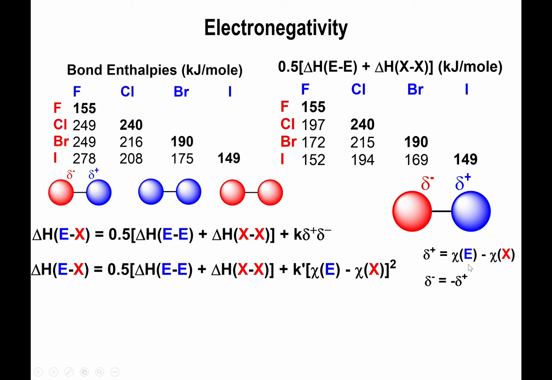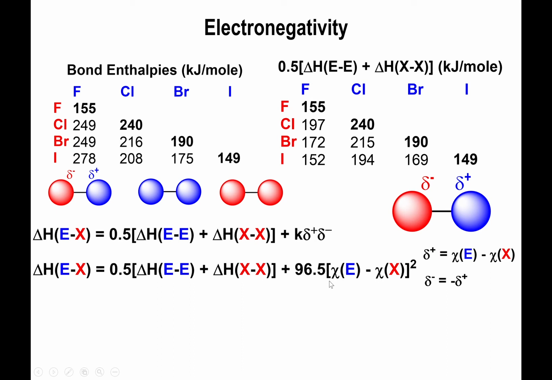You can simply plug in the difference of the electronegativities for your delta plus or delta minus, and you end up obtaining this square term of the difference in electronegativities. Now, the value that I'm depicting right here, 96.5, is a little bit of an extrapolation based on experimental data that I don't necessarily want to get into right now. And in fact, we're not really going to be using this equation to do calculations.